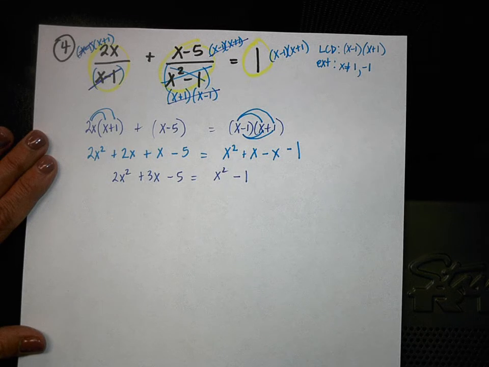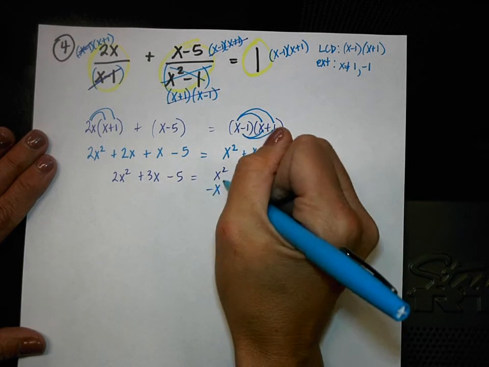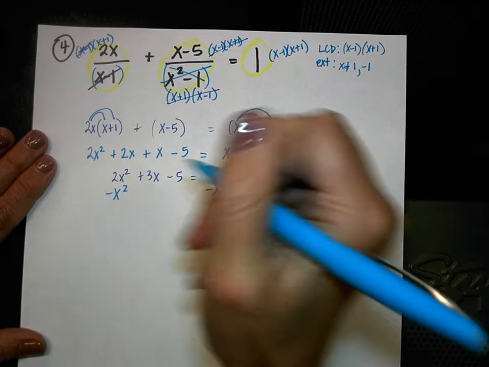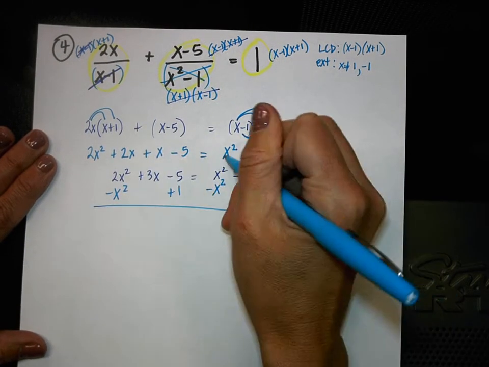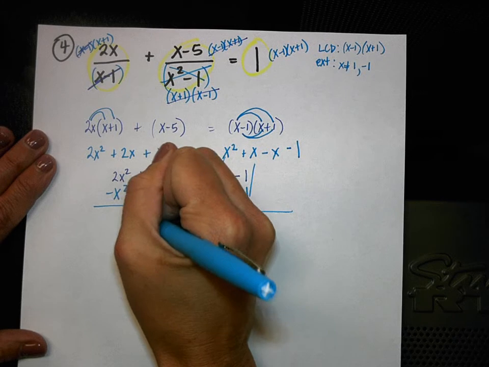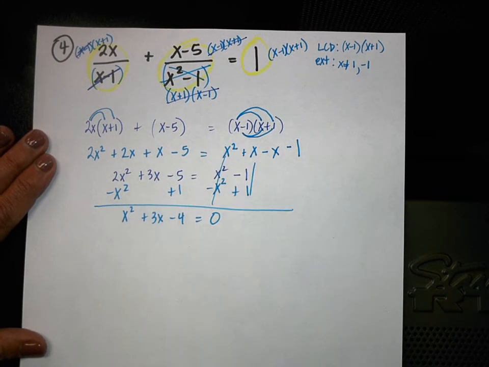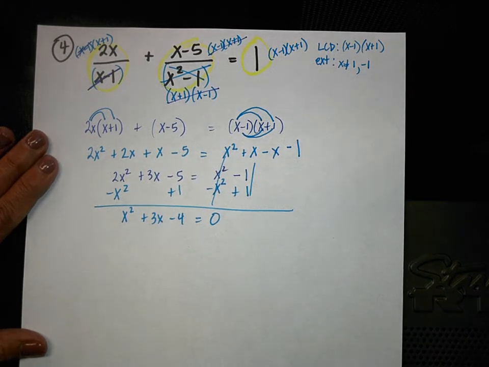And so in order to factor, it has to be set equal to 0. Good. And so I'm going to go ahead and subtract x squared, and I'm also going to add 1. Okay, so these cancel out, and we end up with x squared plus 3x minus 4 equals 0. All I've done is combine my like terms, set it equal to 0.